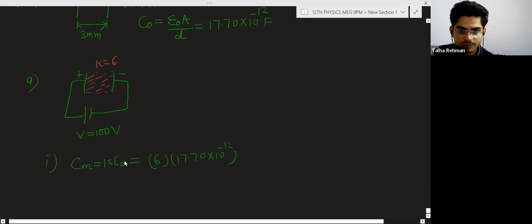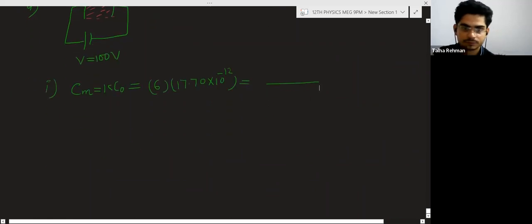This is the value of capacitance, and this will be in farad.